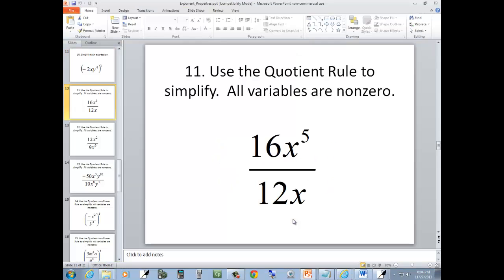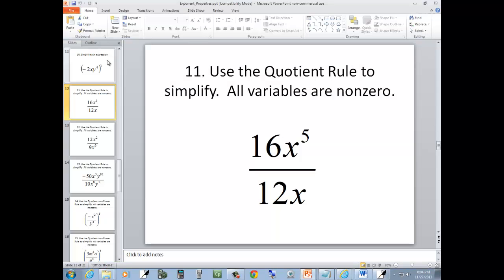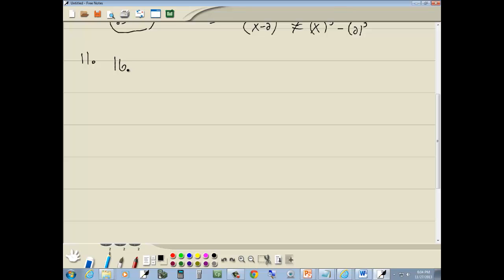Okay, let's look at this one. This gets into one of our properties I never really use. I like to think of it a different way. 12x. Now, first off, notice that we have an x here. If I were to put an exponent on it, it's like x to the 1st. Okay, now we want to simplify. 16 and 12, I think of the number that divides into both of those.